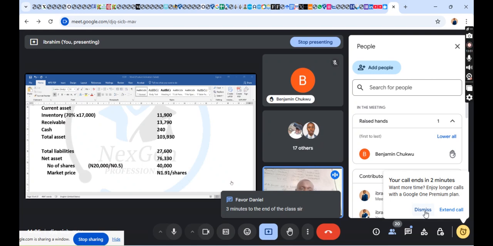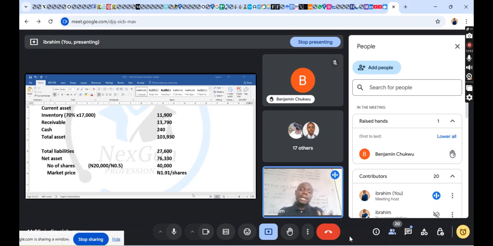Does it have anything to do with years? You are working with the current year, 2020. Historical cost does not have anything to do with years. It's the actual cost you used in buying that asset.